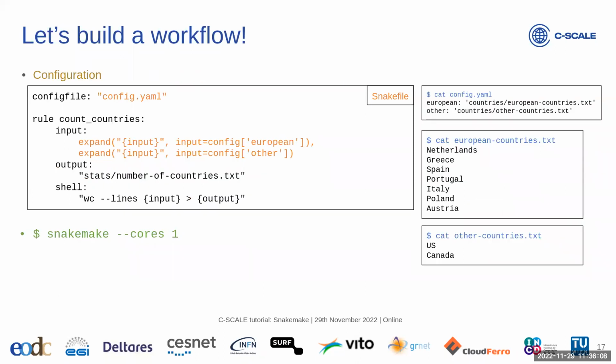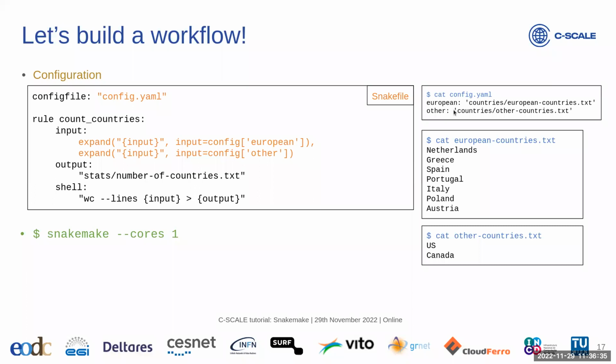Then the other nice thing is that sometimes you need to configure your workflow with many parameters. And for that to be kind of sustainable, the pre-built configuration management in Snakemake is you specify in the Snakefile on the top, look, this is my configuration file, and you specify the path to the configuration file. This is how it looks in practice.